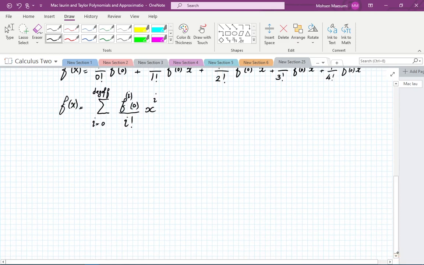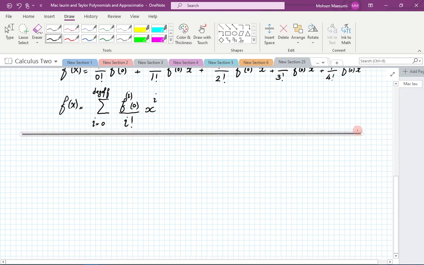Okay, let's go ahead and take a standard example. The first function we had was a sine. So consider y is equal to sine of x.